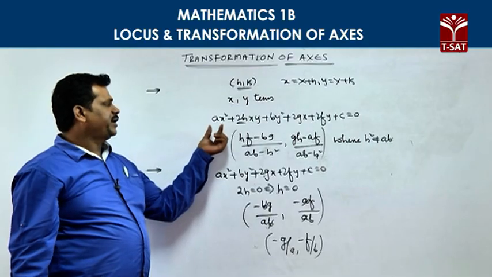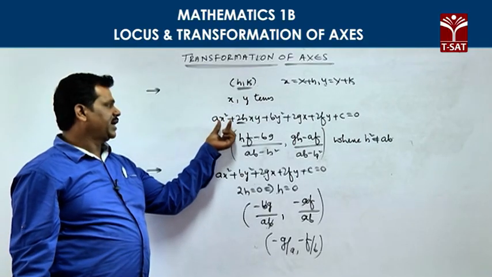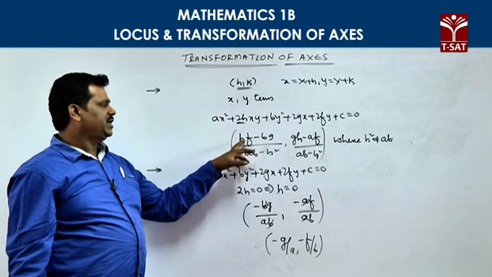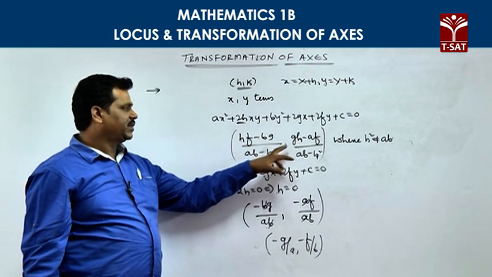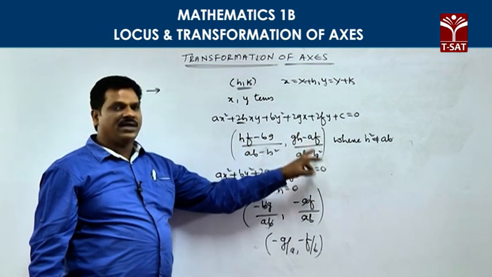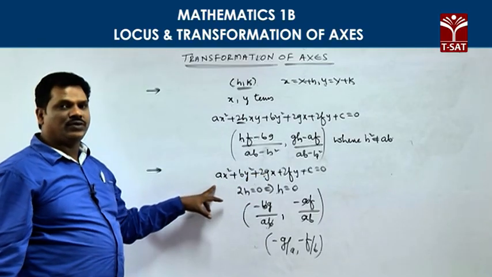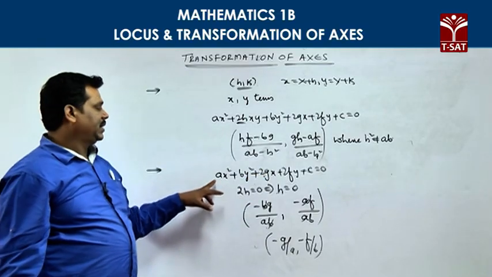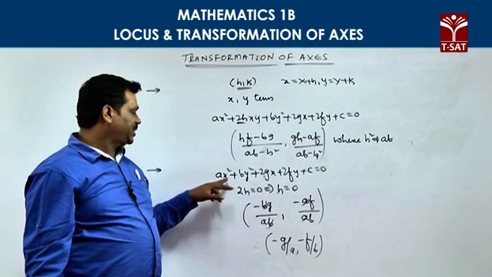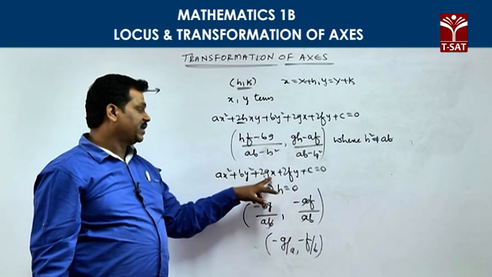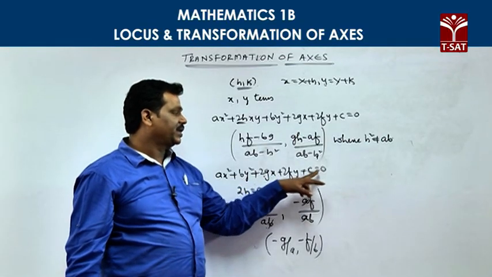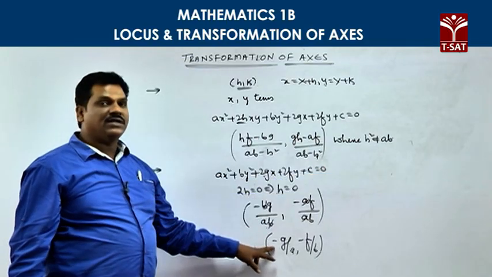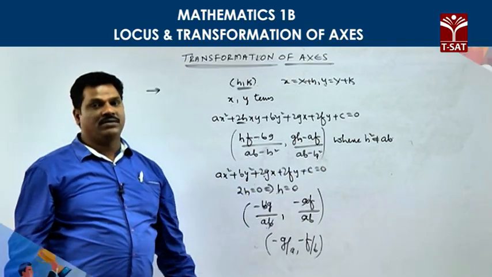So the point to which the origin has to be shifted, eliminating the x and y terms in the equation ax² + by² + 2gx + 2fy + c = 0, is (−g/a, −f/b).